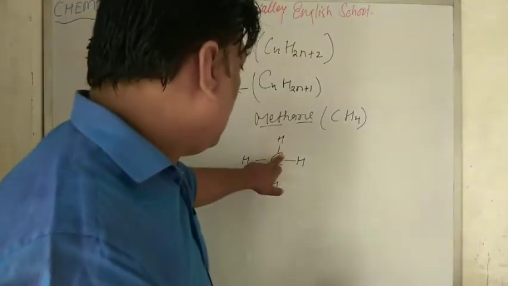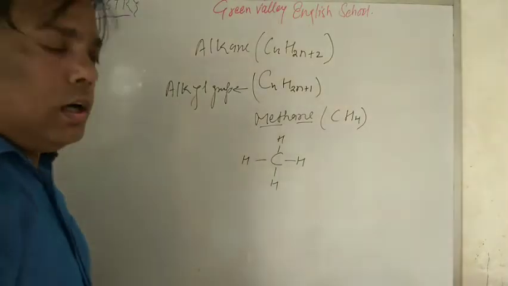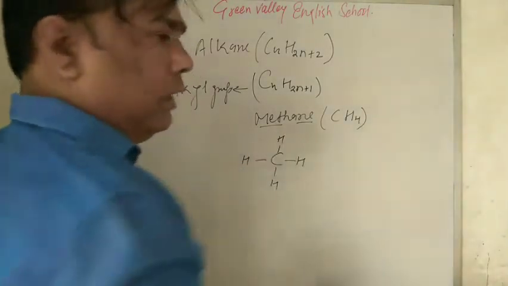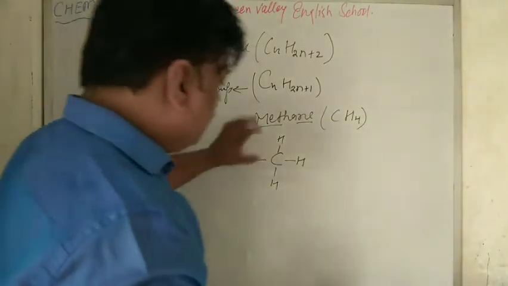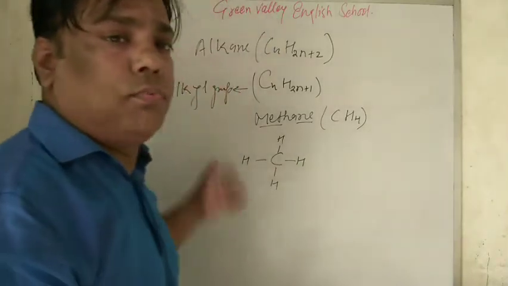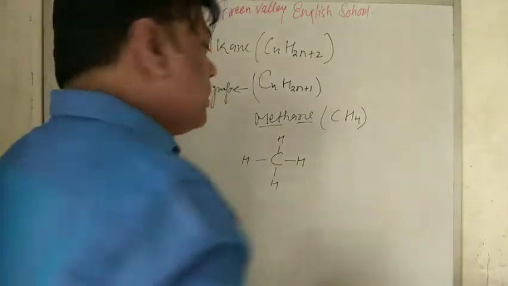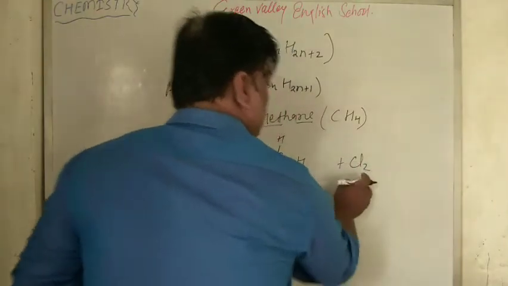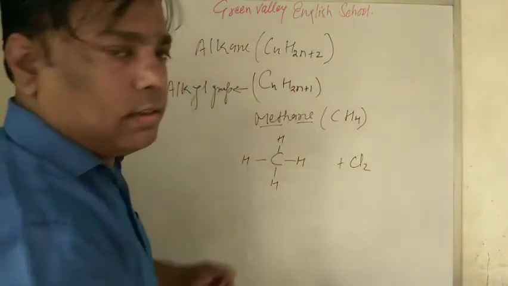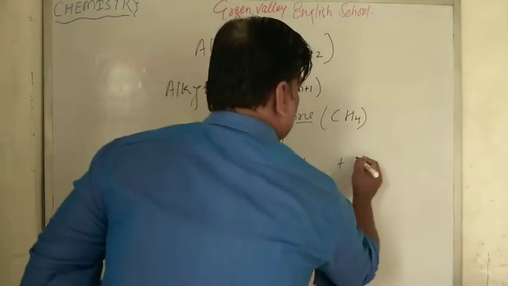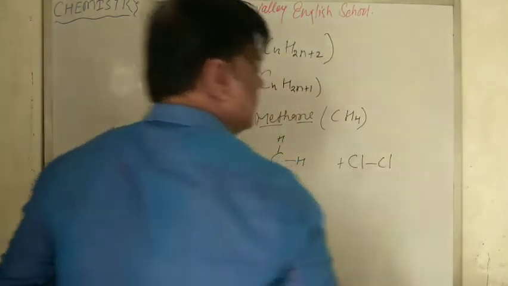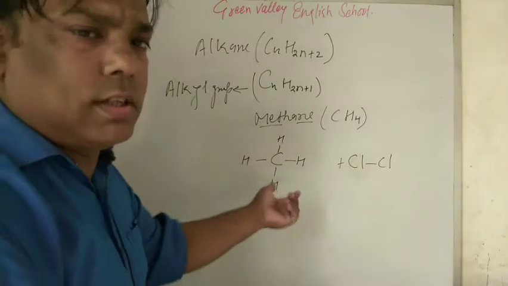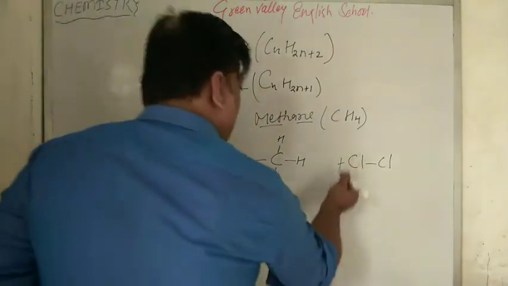Suppose that I want to add some group on it. So the valency of carbon is 4. Carbon is tetravalent. Suppose I want to add one Cl. Chlorine is Cl2, Cl single bond Cl.